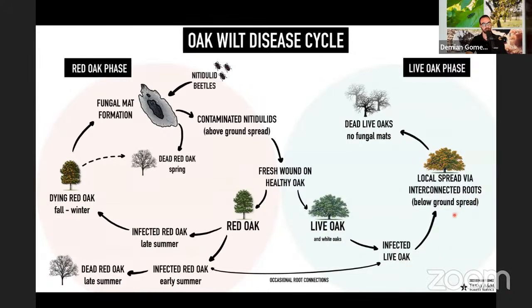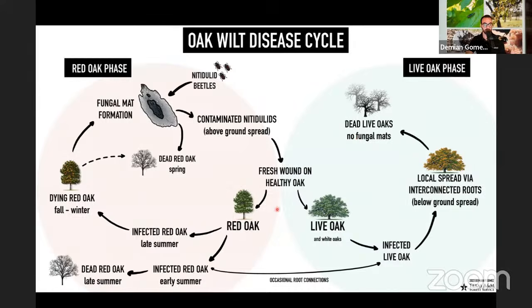This is what we mentioned earlier as below ground spread. As a consequence, we're going to have a bunch of dead live oaks, but those are not going to form any of these fungal mats, any of these structures full of spores, right? Trees are just going to die.